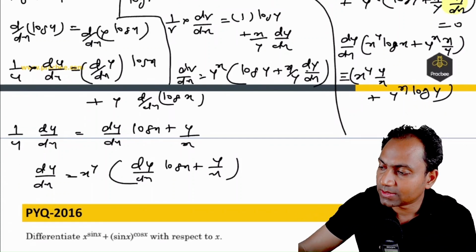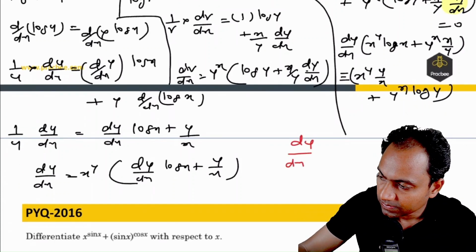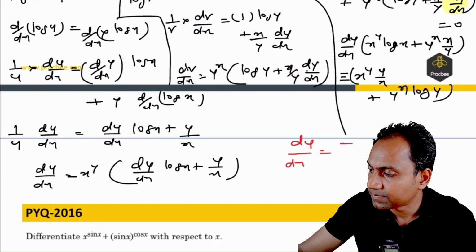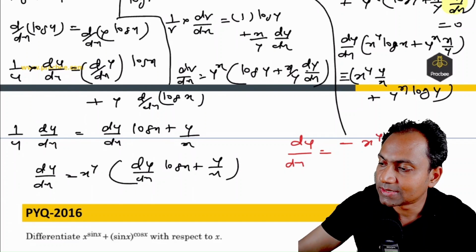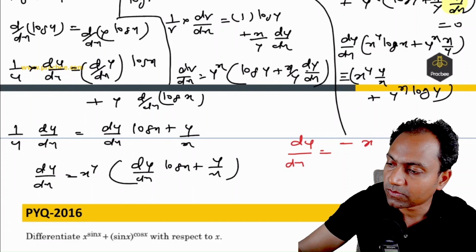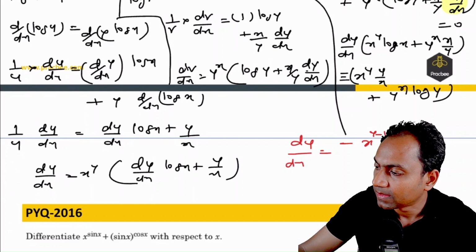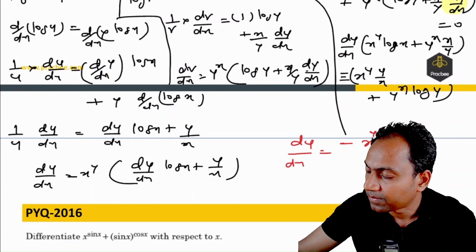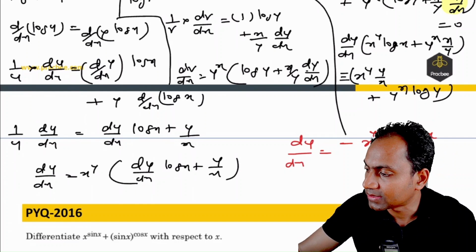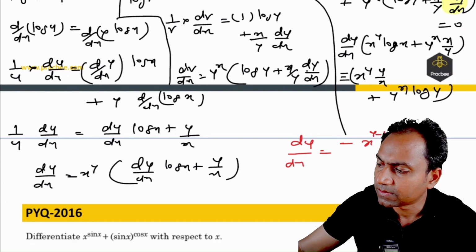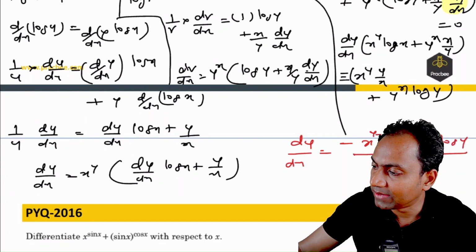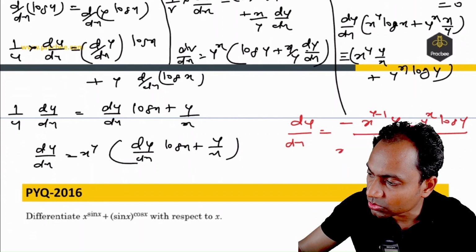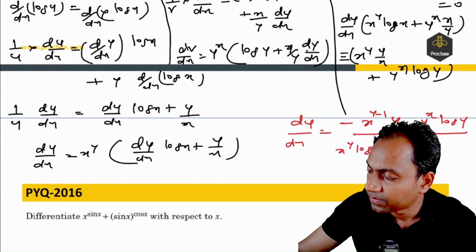The value of dy by dx comes out to be minus x raised to the power y by x, and this can be again simplified, written as nothing but y minus 1 into y plus y raised to the power x, and here also we can write the minus sign, into log y, divided by nothing but x raised to the power y log x plus y raised to the power x by y.